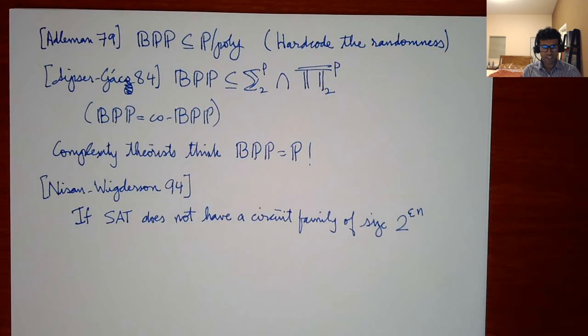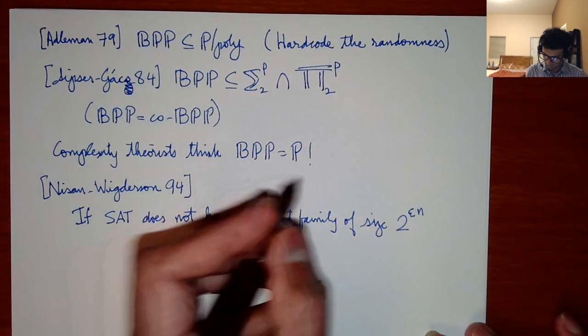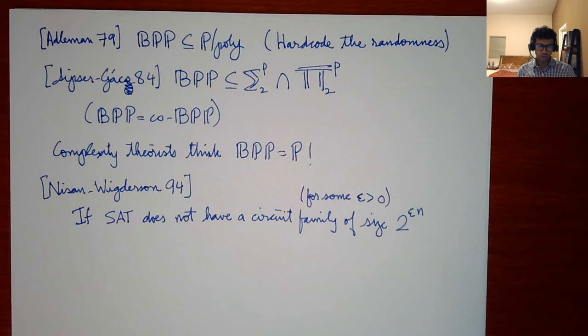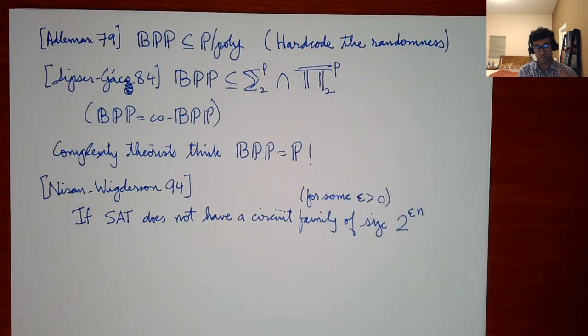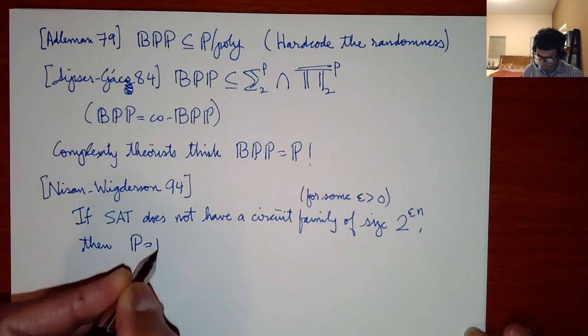Essentially, they're saying if SAT does not have a circuit family of size 2 to the epsilon n, for some epsilon, which means SAT doesn't have small circuit families, because 2 to the epsilon n is still exponential, but it's less than 2 to the n, it's still non-trivial, then P is equal to BPP.